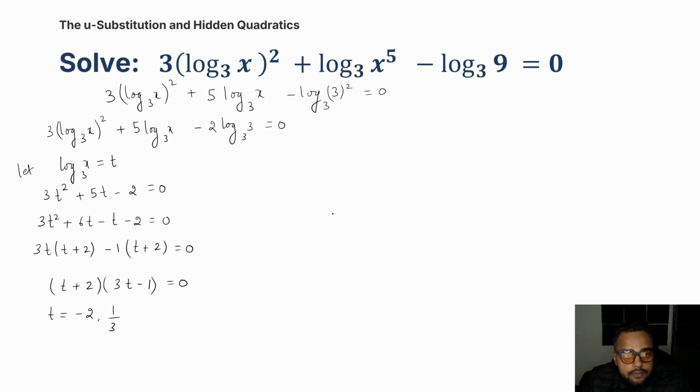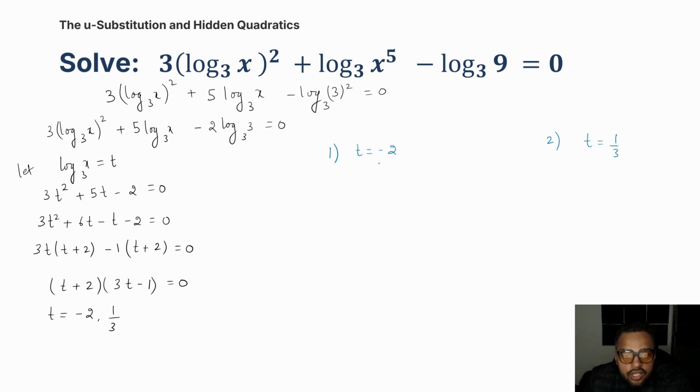From here we can say that the value of t could be negative 2 and it could be 1 by 3. Okay, so what we have supposed here, student, the first part is that we'll be substituting t equals negative 2, and the second part is that we'll be substituting t equals 1 by 3. Okay, so now let's solve this part.